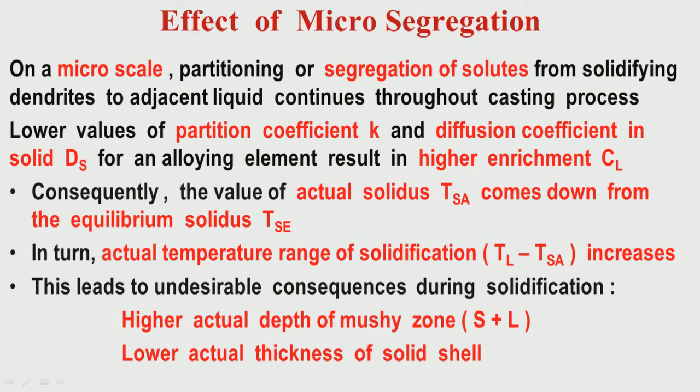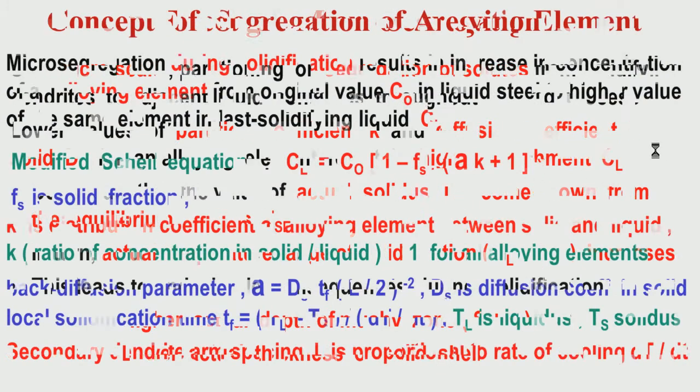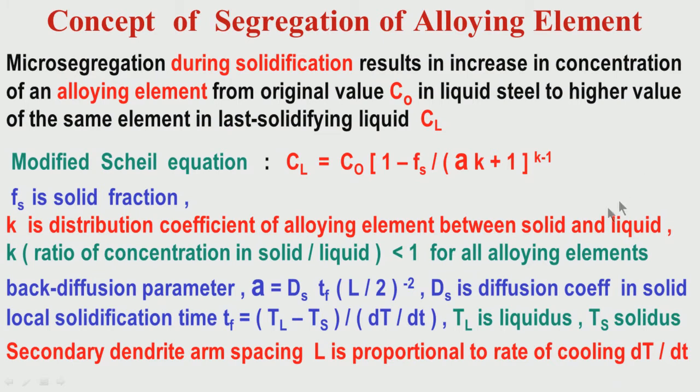Now, as I was telling you, what implication do lower values of this partition coefficient K have? And if the diffusion coefficient in solid is low, then what happens? As I was discussing from this relation, look at the figures. If you have small k, that means k coming towards 0, that means less than 1, k is always less than 1, but the lower the value of k, the more segregation you have.